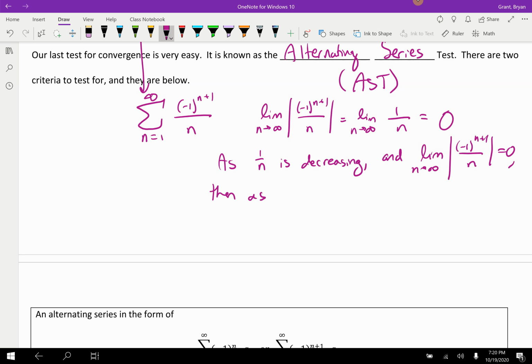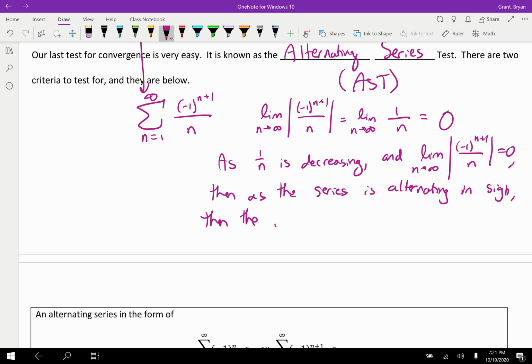Then as the series is alternating in sign. And you should probably prove that to yourself if you write out the first couple of terms. Does it go plus, minus, plus, minus, or minus, plus, minus, plus? It does, though. We've seen that already.